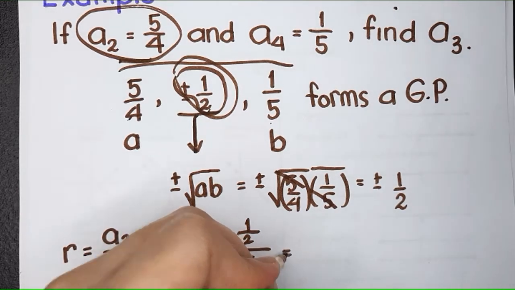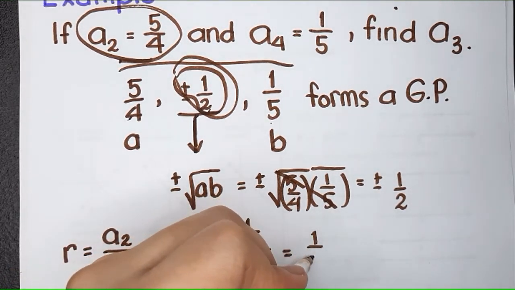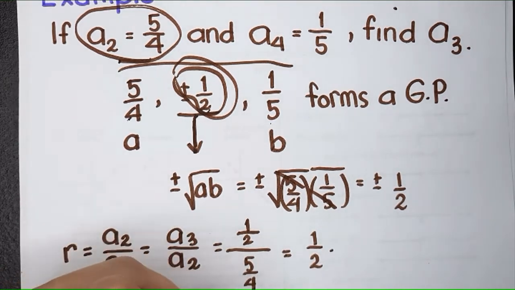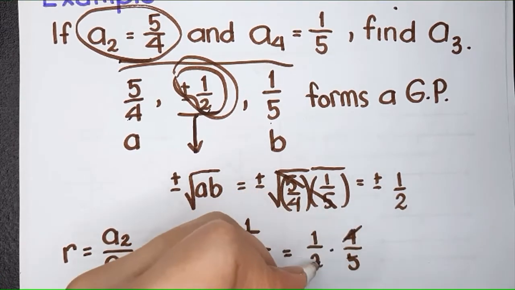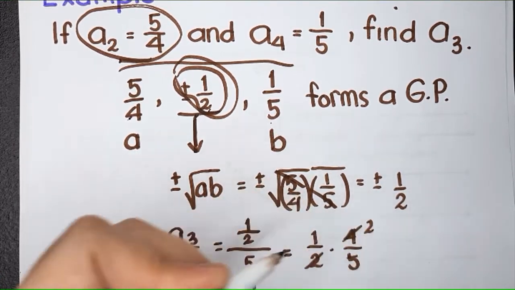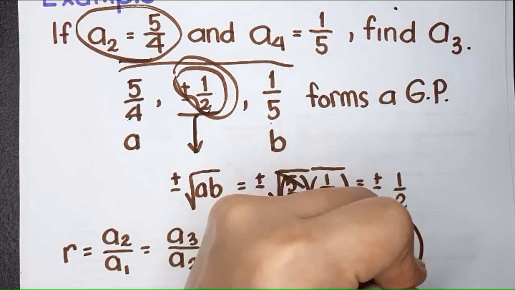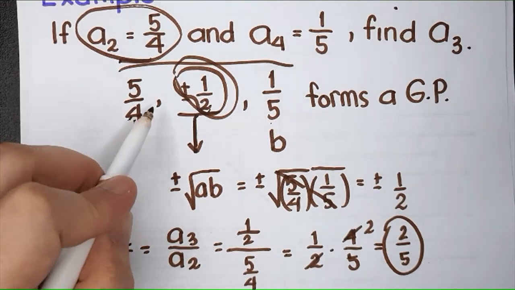So, how do you deal with fraction divided by a fraction? Copy the numerator times the reciprocal of the denominator, which is 4/5. Cancel, cancel. This becomes 2. So, your common ratio is 2/5. Okay? So, yun yung i-multiply mo dito to get the next term.